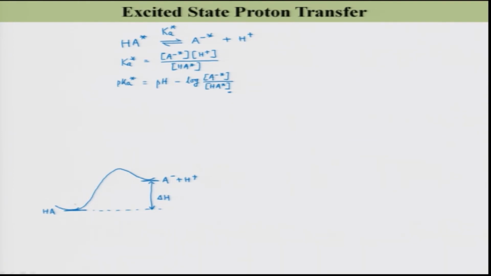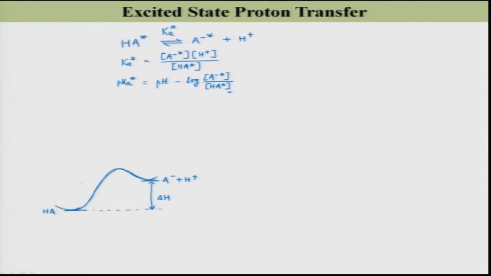In the ground state, you see this barrier is very high, so naturally the pKa value is really high. It is not a very good proton donor.